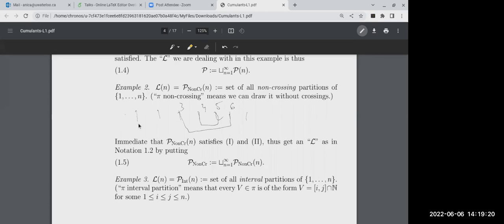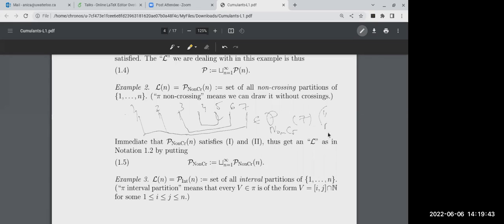And then let's make a block with 3 elements, which is 1, 7 and contains everything there. This is an example of a non-crossing partition of 7.